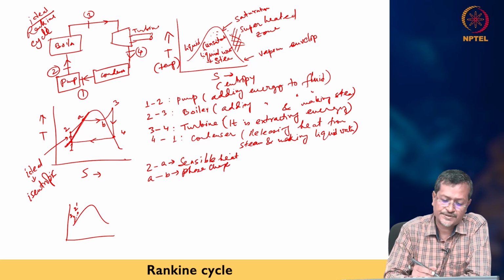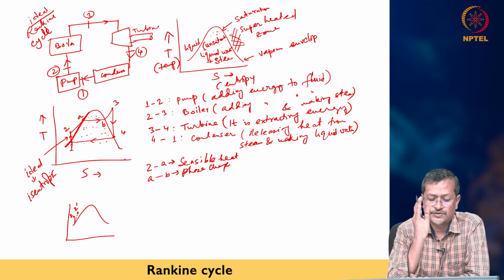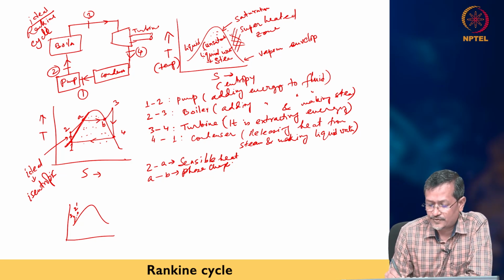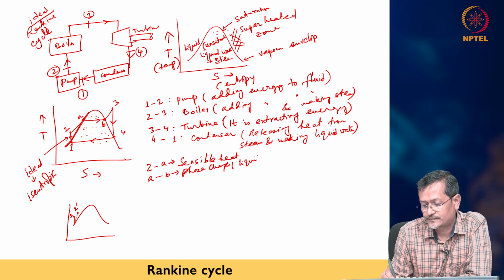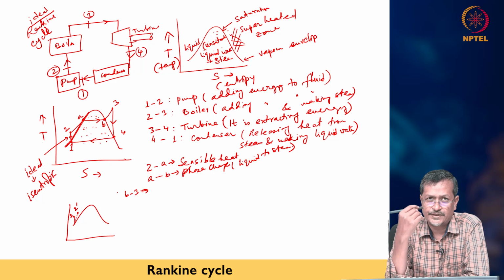Okay, A to B, because inside the vapor envelope, in this zone phase change will be occurring. So liquid to steam will be forming. When you reach B, you are getting liquid to steam. Now B to 3, what are you getting?